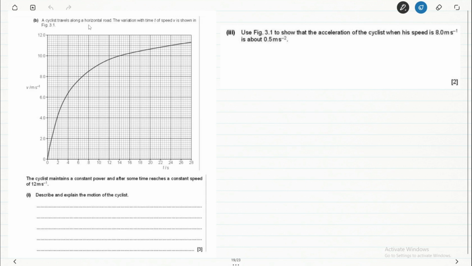A cyclist travels along a horizontal road. The variation of t and v is shown. The cyclist maintains a constant power and after some time reaches a constant speed of this. Describe and explain the motion of the cyclist. Now just ignore this power part and just focus on this 12 meter per second part, which is the constant speed that he reaches.